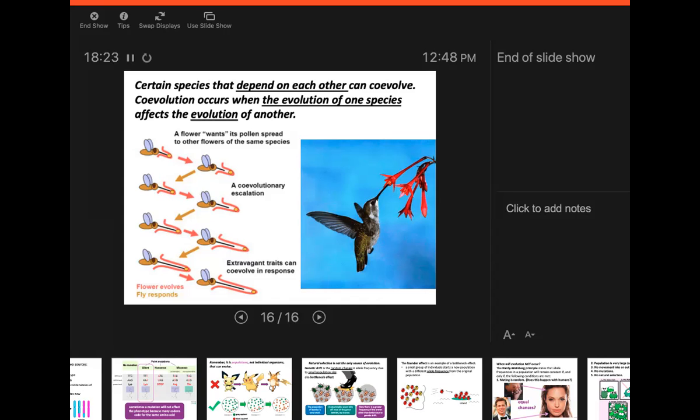For example, we have these bell-shaped flowers, and you have a hummingbird, right? And hummingbirds have those long, narrow beaks. So this allows coevolution because they rely on one another.